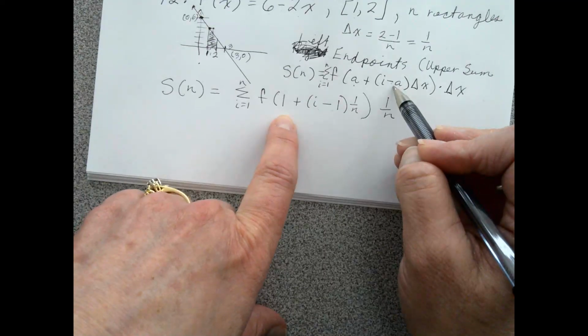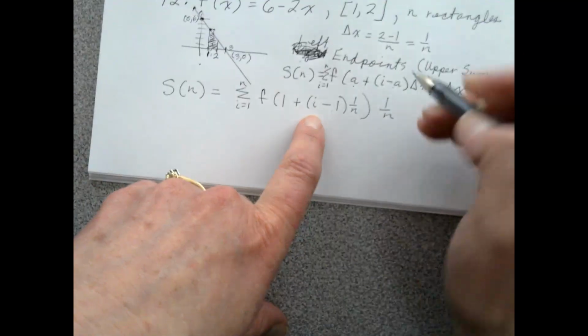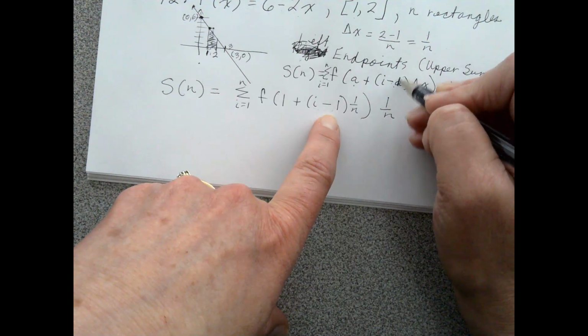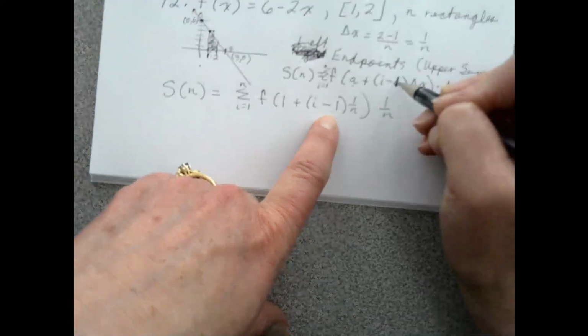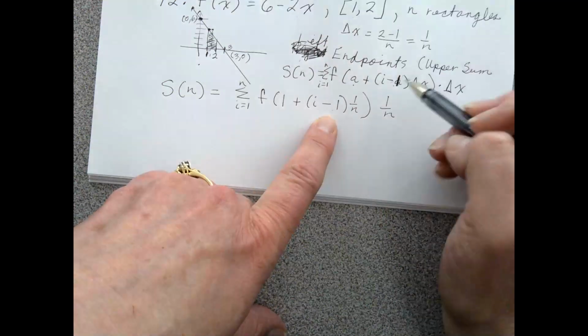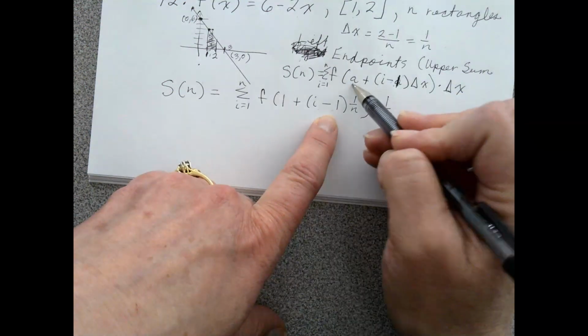Right, but, oh yes, it's not a, it's 1, sorry. Yes, because it's going to be 1, the one that's behind it. The a is here, not there.